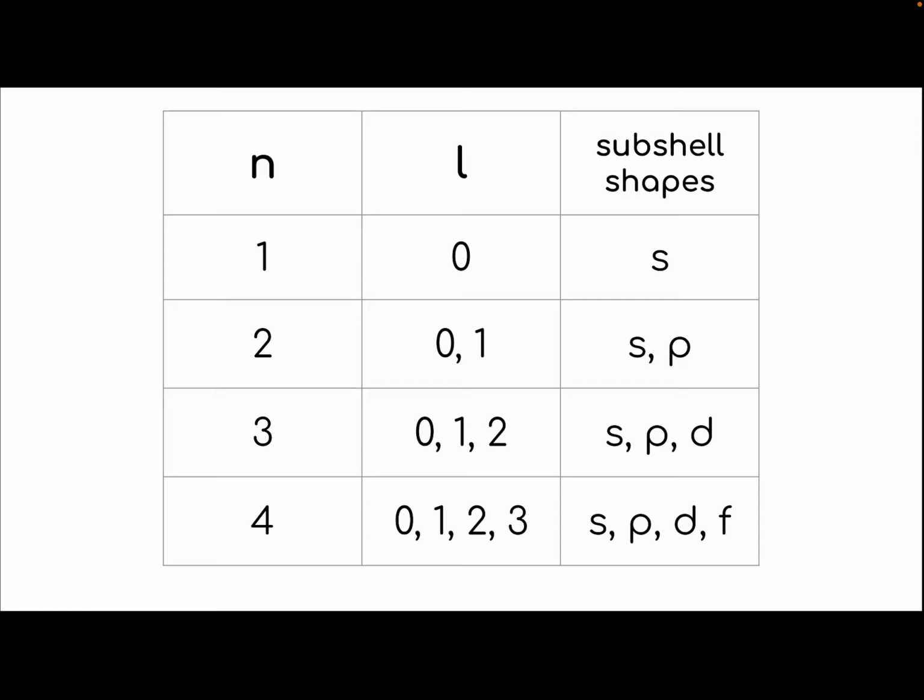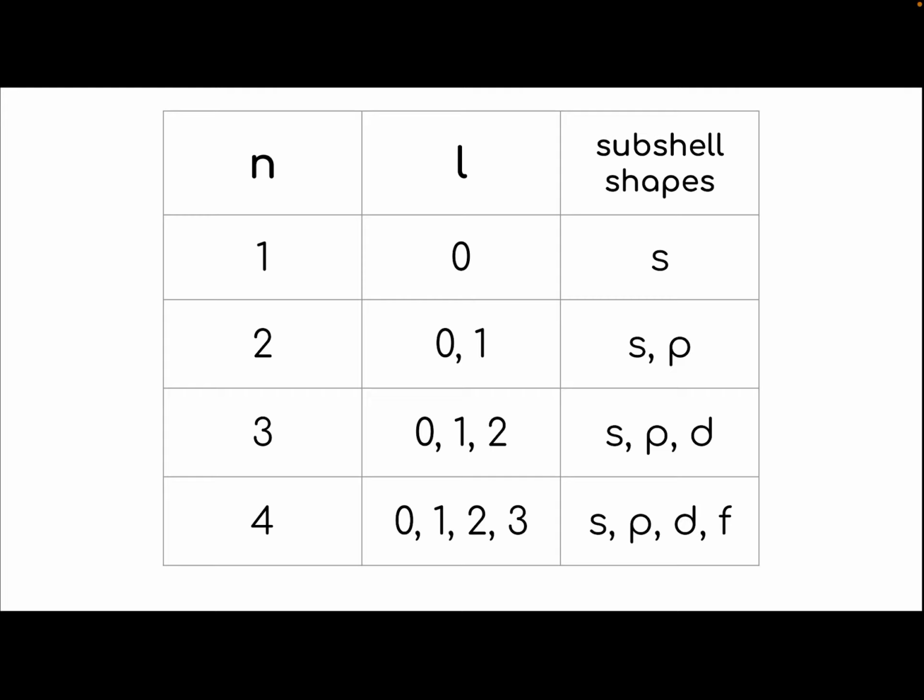Now, kunyari, principal number 1. Ang principal number 1, ang values ng L niya ay 0. Siyempre, 0 to n-1, edi 0 lang yun. Ano ang shape kapag 0? S. Diba? Pag principal number 2 naman, or sa second energy level, the values are 0 and 1.